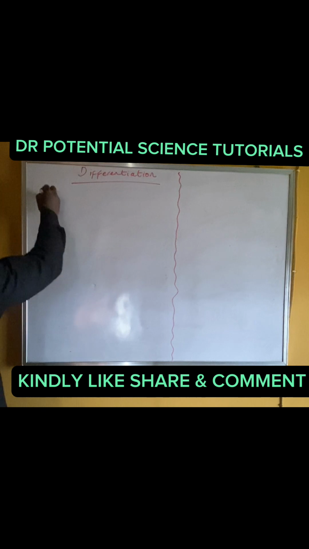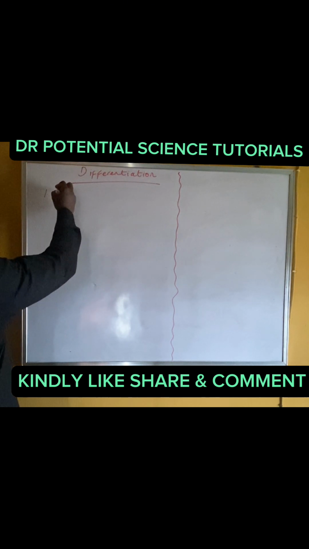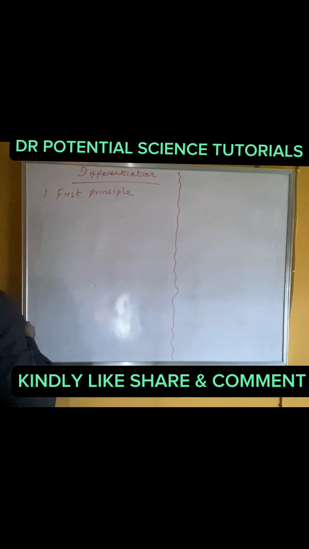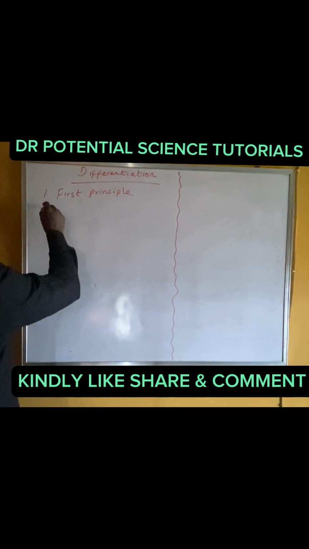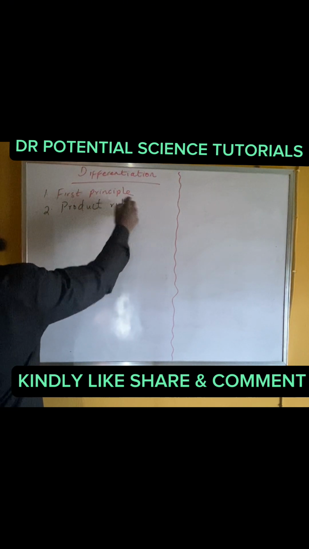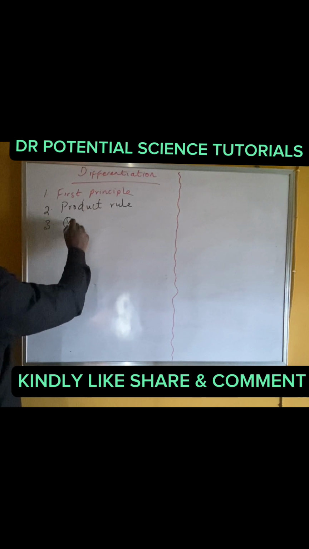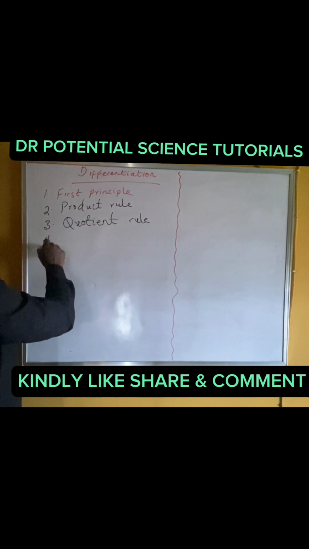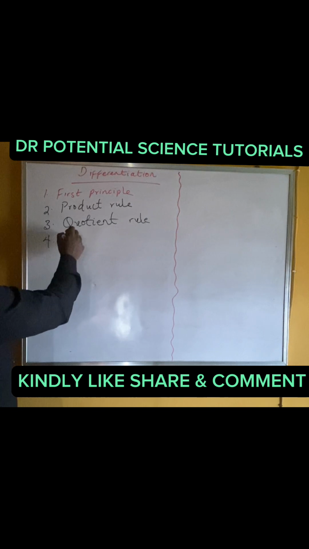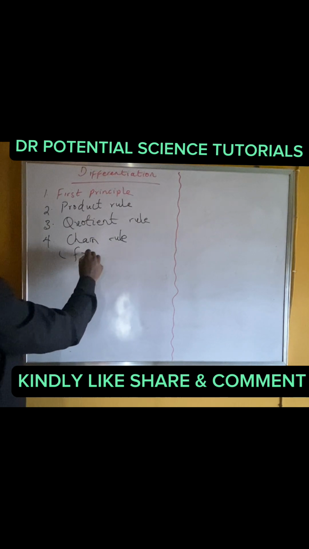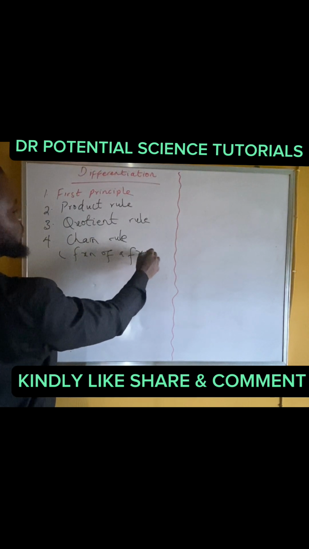First of all, we're looking at the first principle of differentiation. Then we take a look at the product rule of differentiation. Then we go ahead to talk about the quotient rule, then the chain rule of differentiation, also known as the function of a function rule.